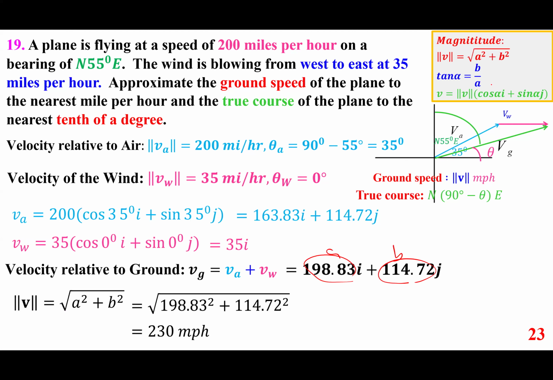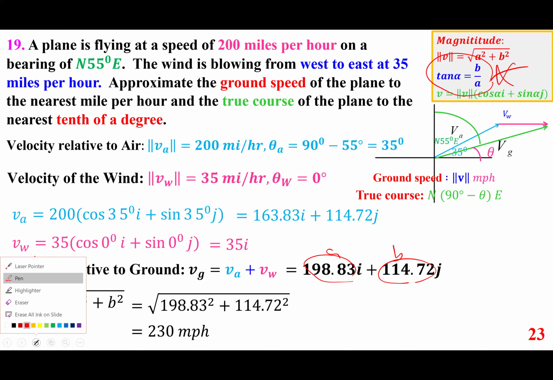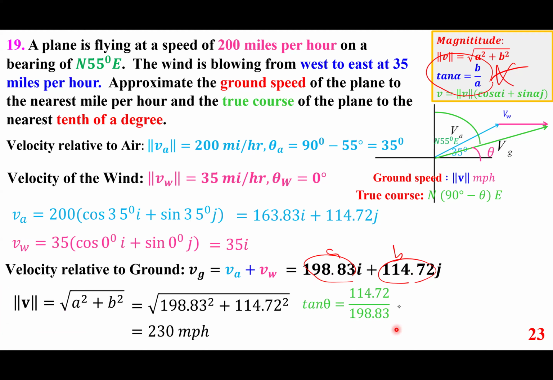Now, what about the tangent of alpha, the tangent of this angle? In essence, the tangent of theta is B over A, which is B 114.72 over A 198.83. And of course, you put this into a calculator.